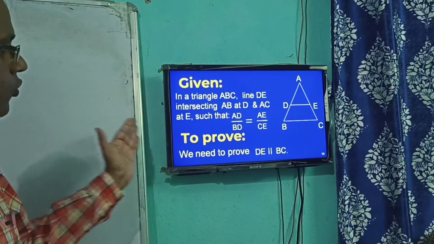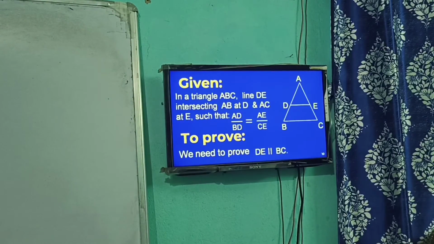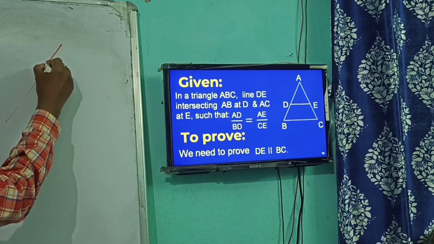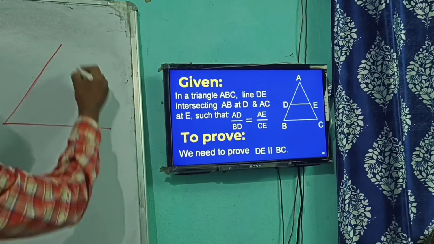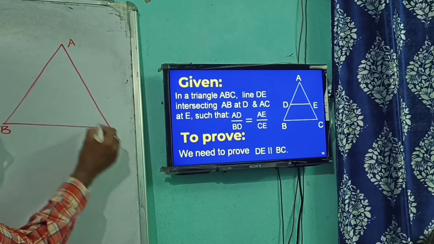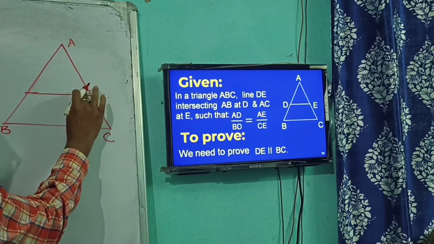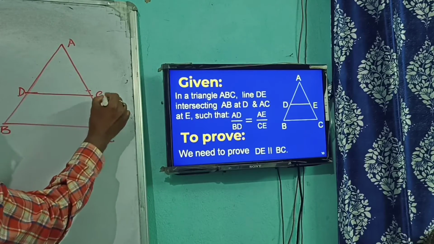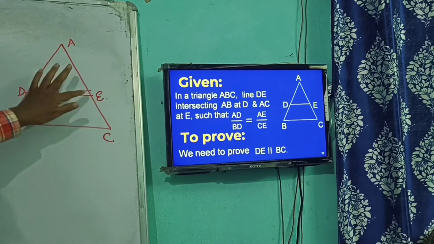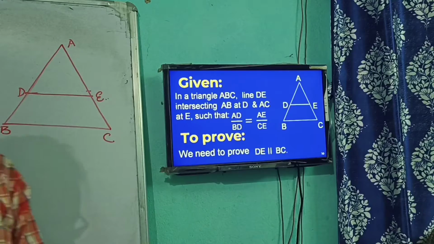Now, what to prove here? We need to prove that the line DE is parallel to BC. Now you see in this triangle, I can draw the triangle for you. That is, ABC is your triangle, and here the relation AD by BD is equal to AE by CE is given. Now we need to prove DE is parallel to BC.